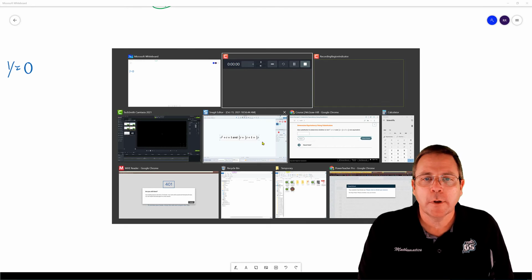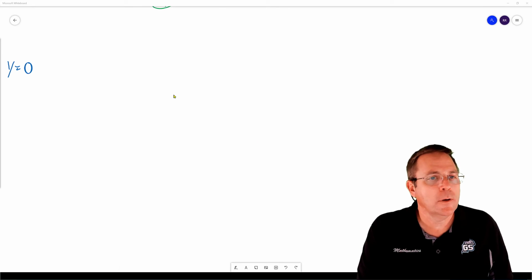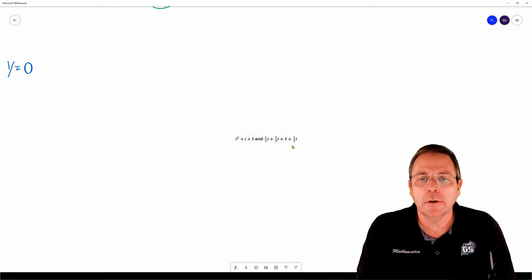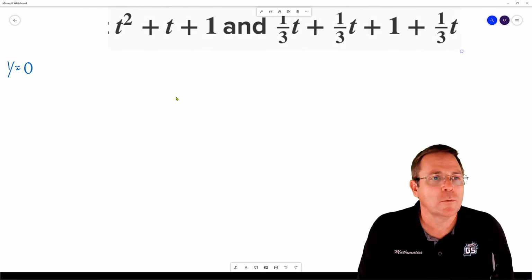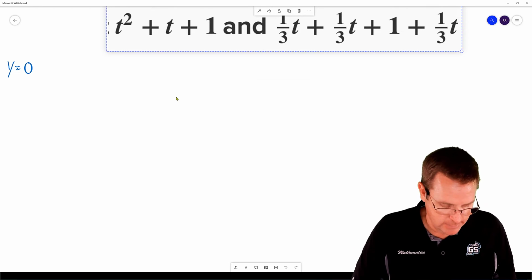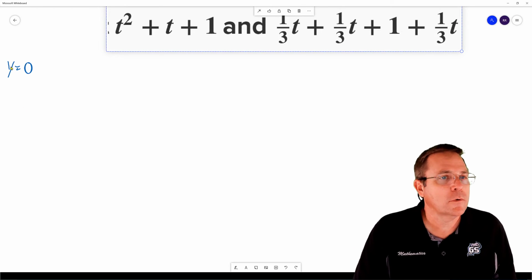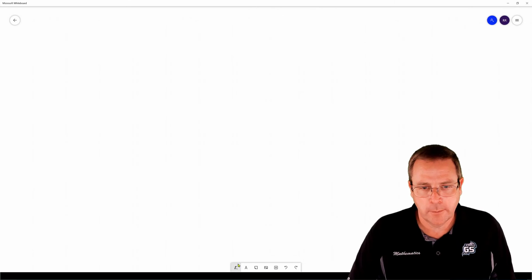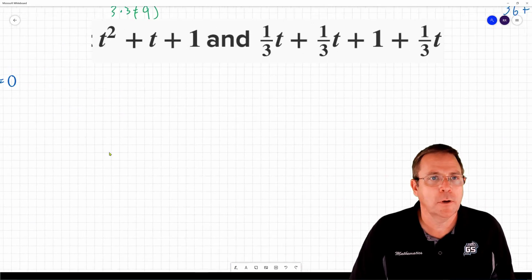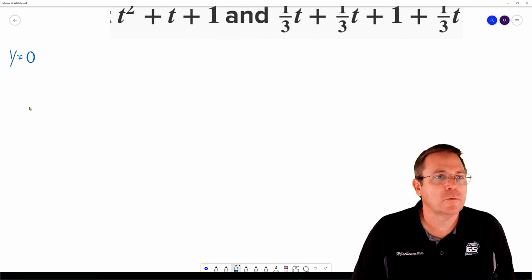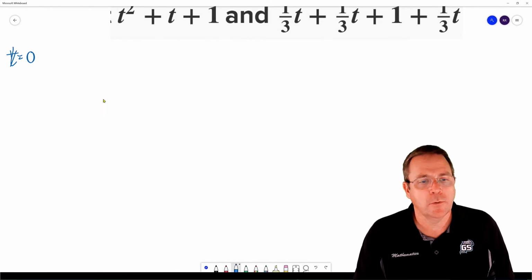Go back over to my other screen and copy the right problem. Paste that in. And now that looks like the right problem. So we're going to change that to a t instead of a y. We're going to call this a t is equal to 0.